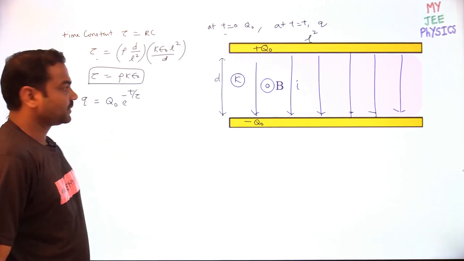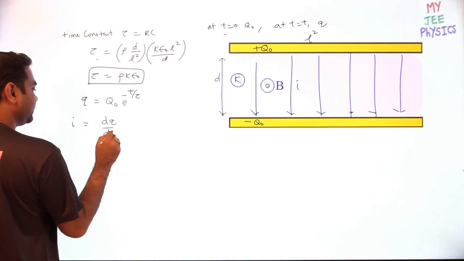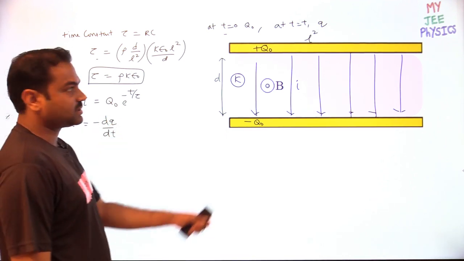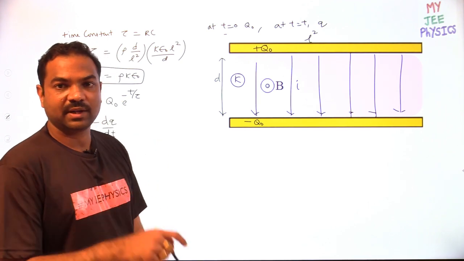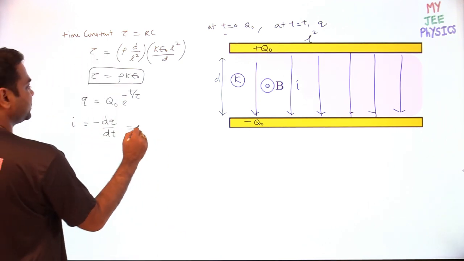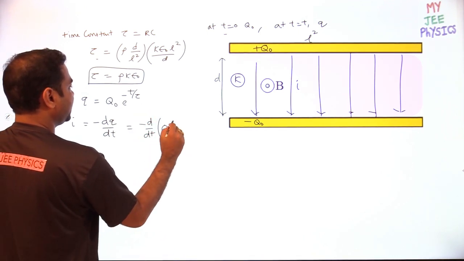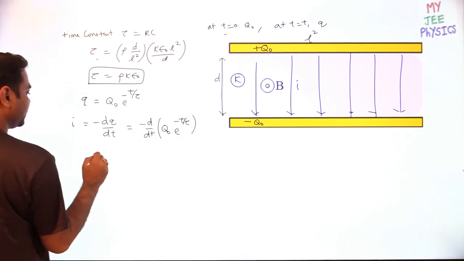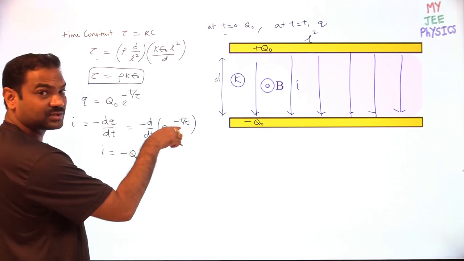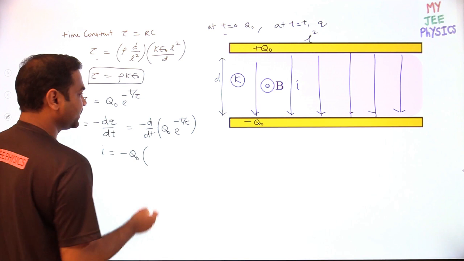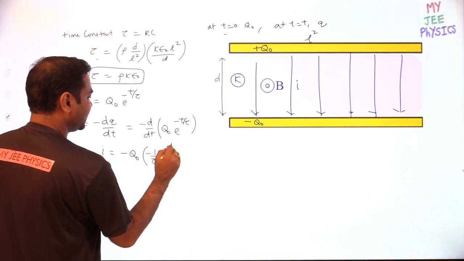Then what is the current as a function of time? Obviously dq by dt, but I have to keep a minus, because the charge is a decreasing quantity, so in the derivative we need to keep a minus. So the current is minus d by dt of Q naught into e raised to minus t by tau, which is minus Q naught into minus 1 by tau into e raised to minus t by tau.